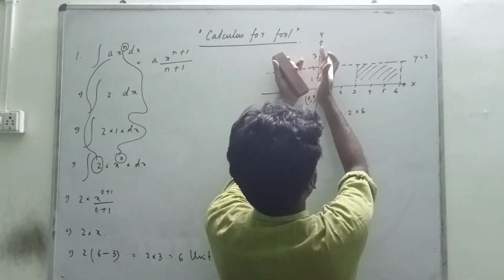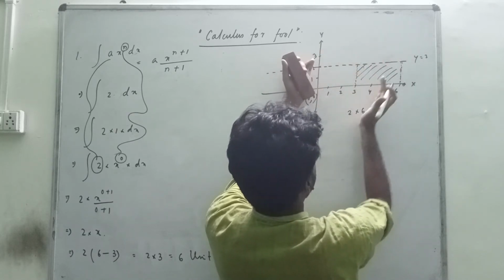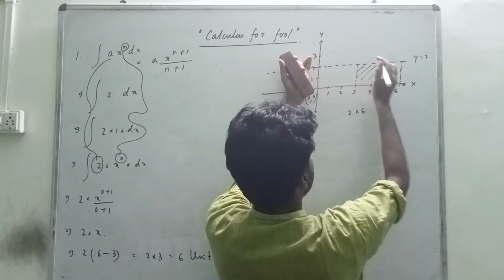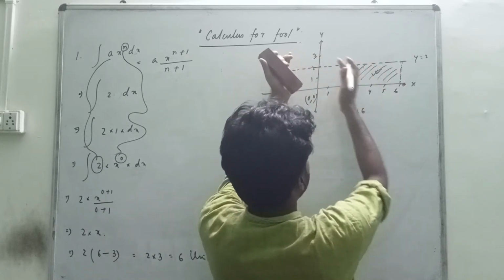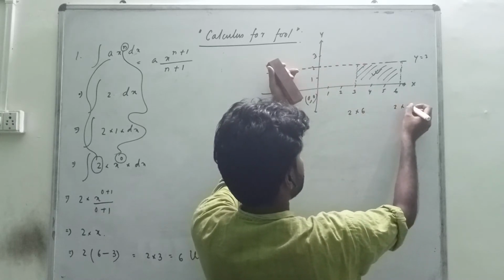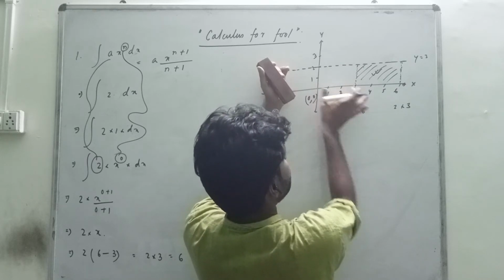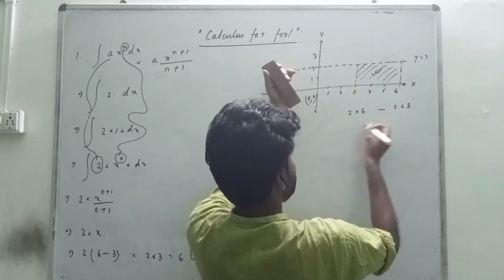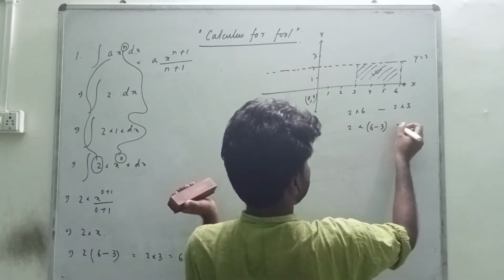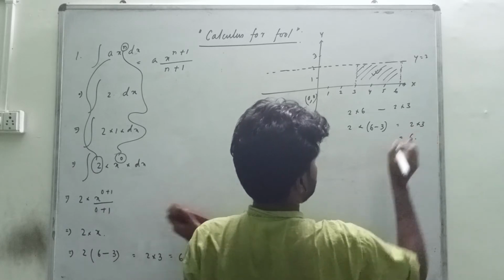So from the whole area, if you subtract the small area, you will get this area. The small area is 2 into 3, the height is 2 and the length is 3. So 2 into 6 minus 3, that means just 2 into 3, which is 6.